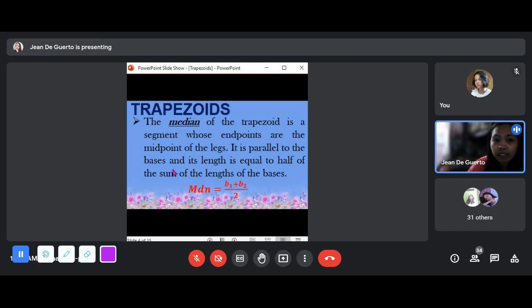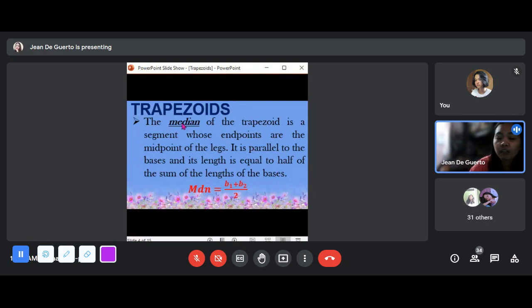It is parallel to the bases, just like your mid-segment in the triangle earlier. Its length is equal to half of the sum of the lengths of the bases. The median of the trapezoid is based on our midline theorem earlier, where this formula was derived.